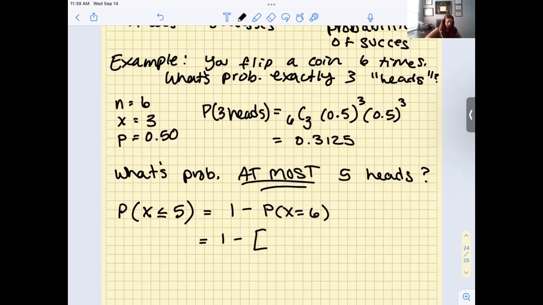Okay, so we've got 6C6, that's correct. And then 0.5, how many successes do we want?